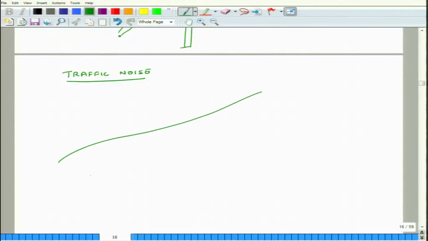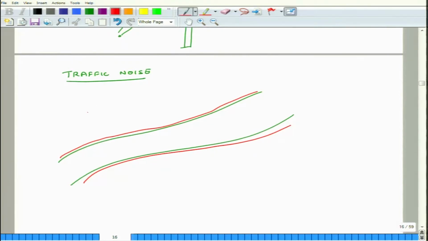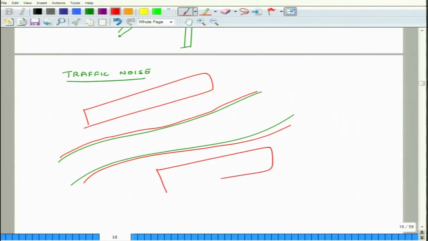So, you have a road and they put some barriers, especially if there is high population density in this area. The purpose of those barriers is that all the noise coming out from the continuous stream of cars, these barriers are there to reduce the noise propagation to these populated areas. So, this is the problem of traffic noise.